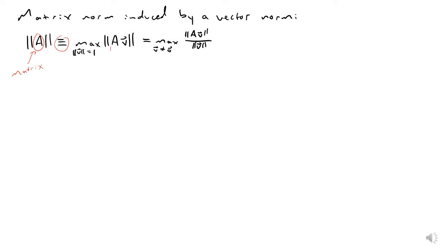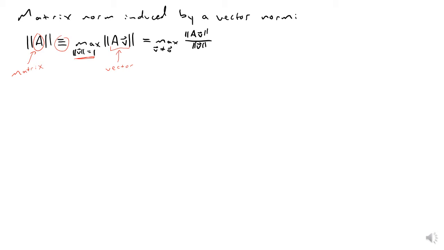Notice if A is a matrix and V is a vector, and this product A times V is defined, then A times V is a vector. So over here on the right hand side, these aren't matrix norms, these are vector norms, things that we've already studied. So what this is saying is, take the collection of every single vector that exists that has norm 1 and do A times all of those, and whichever one of those gives you the biggest vector, that'll be your norm for your matrix A.